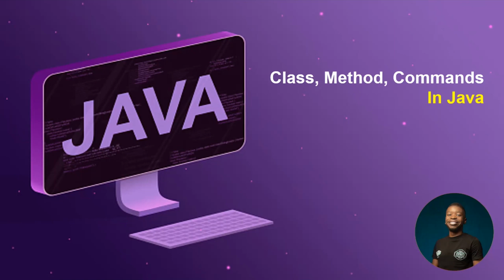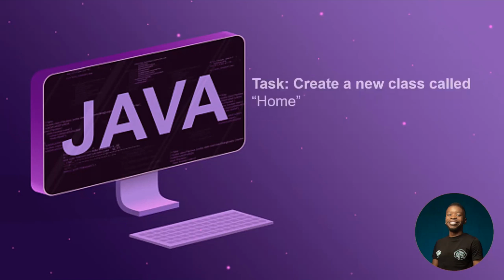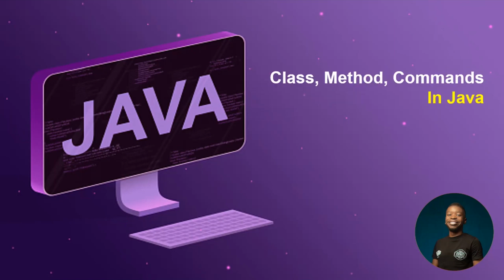So a class is divided into methods, and methods are further divided into what? Commands. In summary, programs consist of classes, and classes consist of what? Methods, and methods consist of what? Commands.